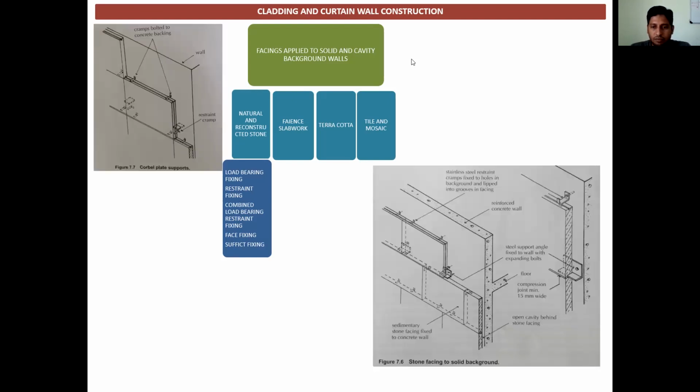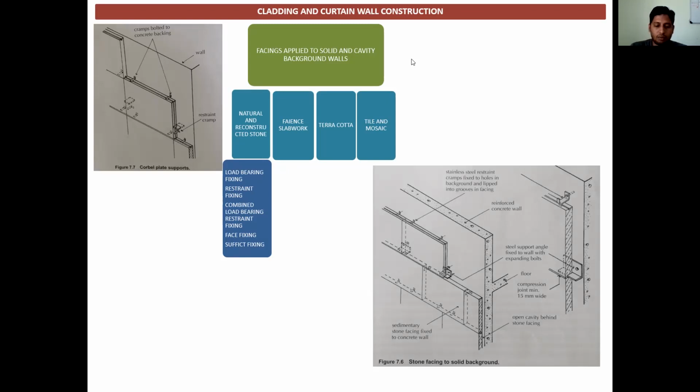Look at the pictures in front of you, showing how stone facing to a solid background can be fixed directly, as a very thin material of stone slabs can be used for the cladding. It is mostly cut at the quarry, not on site.